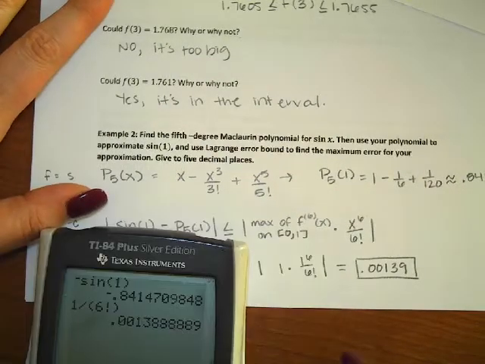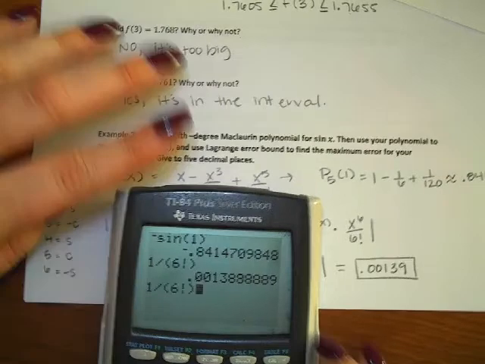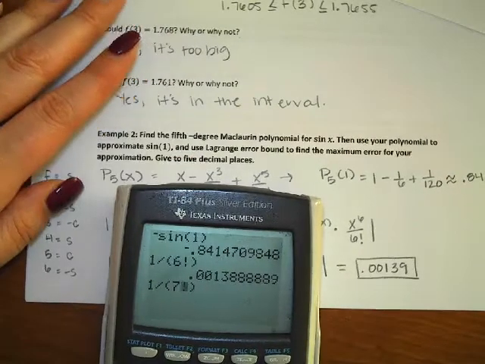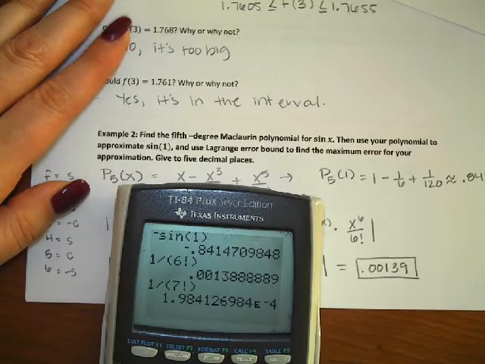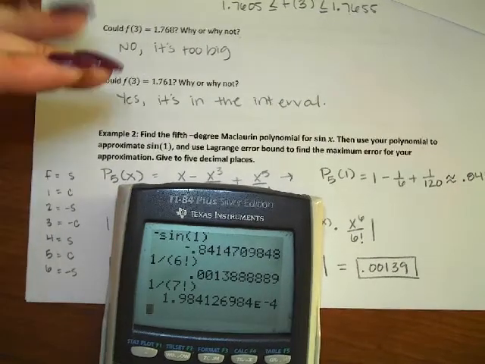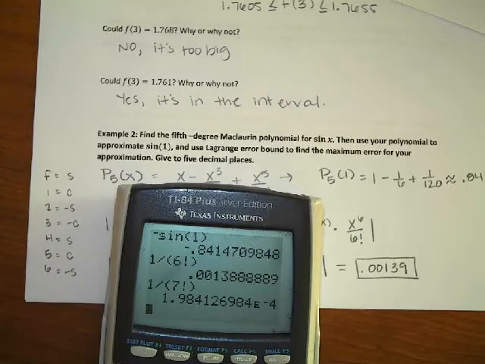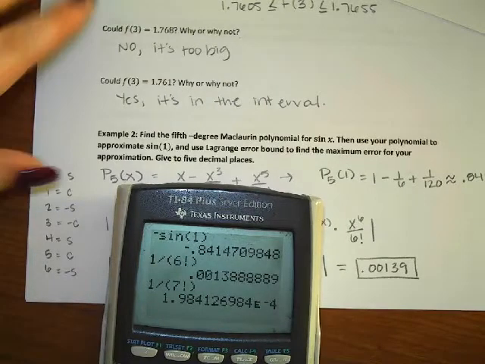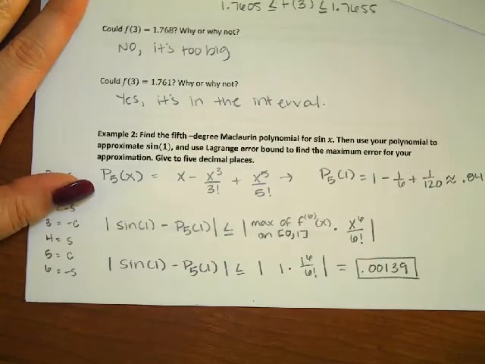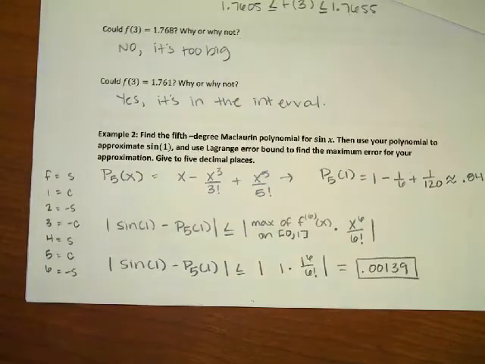You could have used 1 divided by 7 factorial. That would have been an okay error for the problem as well. So all of those are good, and that would be something where the FRQ would maybe say one of those answers was correct, but the AP grader just knows that when they grade. All right, let's go ahead and look at the next part of this.